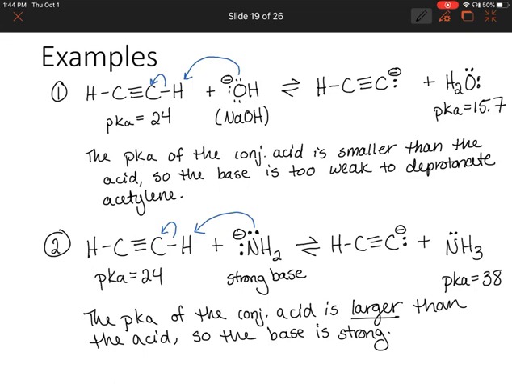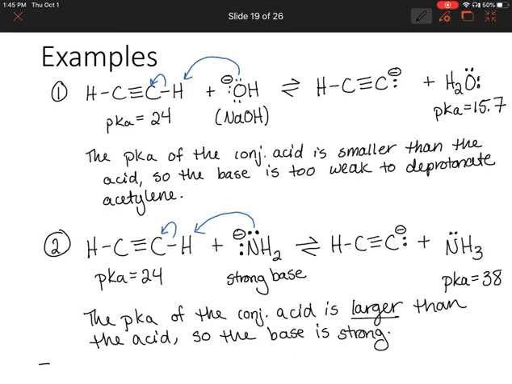Also, in this case, equilibrium does lie to the right. So we will go in the direction of the products, whereas in our first example with the hydroxide ion, equilibrium would actually lie towards the left, towards reactants, because the stronger acid is on the right-hand side. So in general, you want to choose a base with a conjugate acid whose pKa is 5 units higher than the acid's pKa.